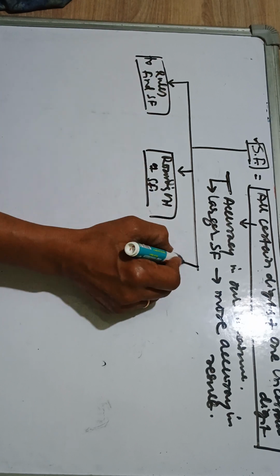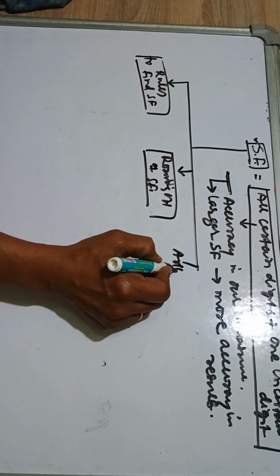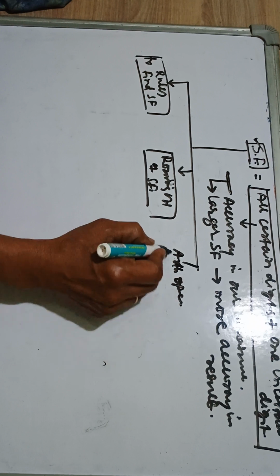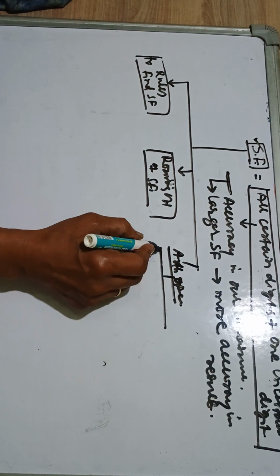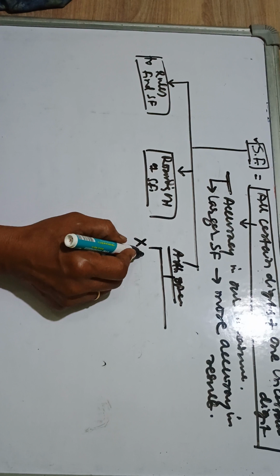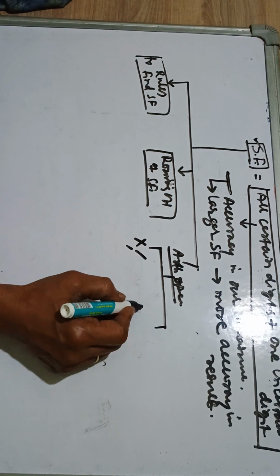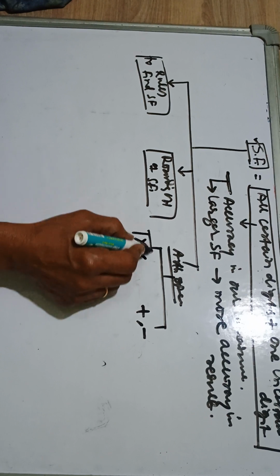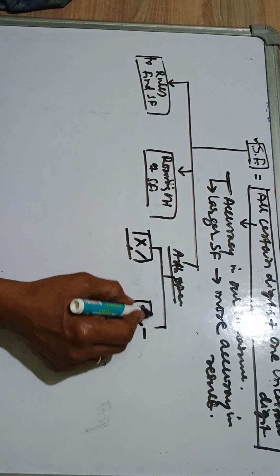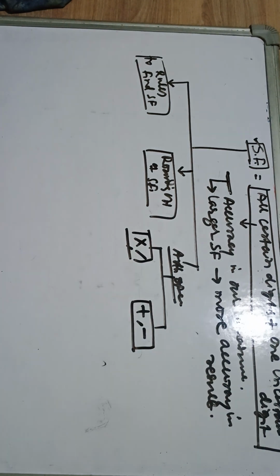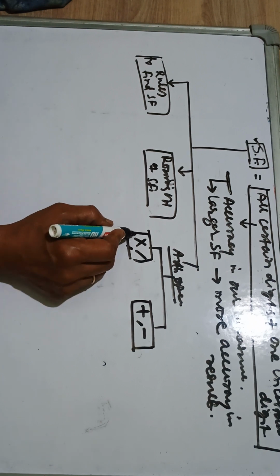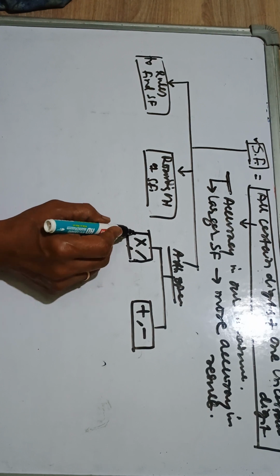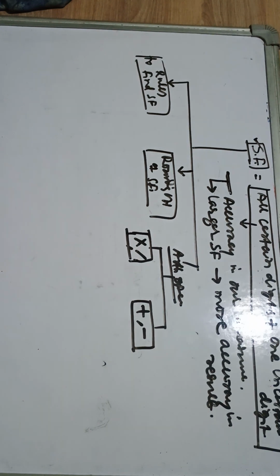Then we have done arithmetic operations: multiplication, division, addition and subtraction. Multiplication and division of different significant figures to get a final significant figure.